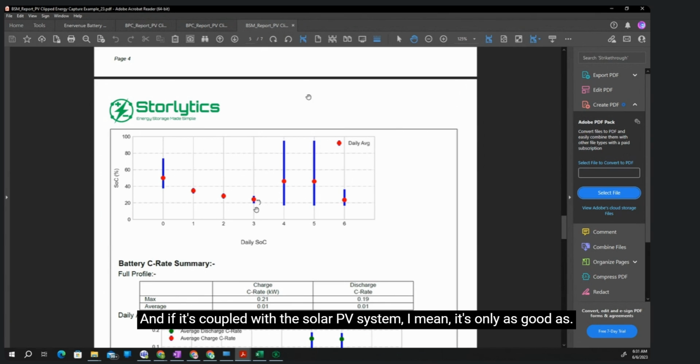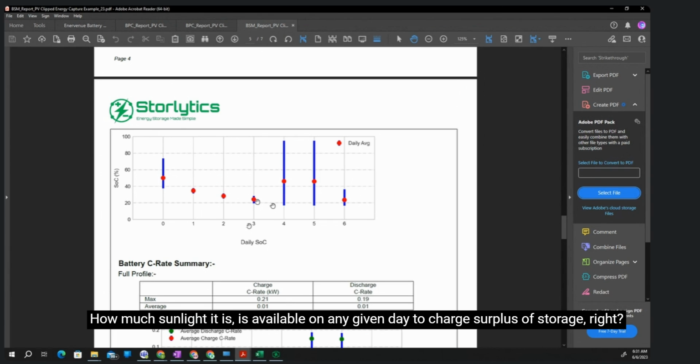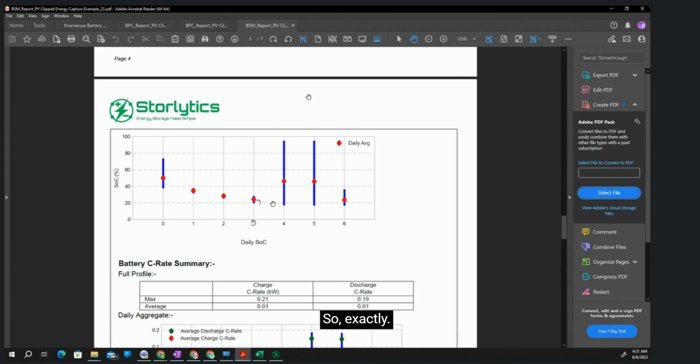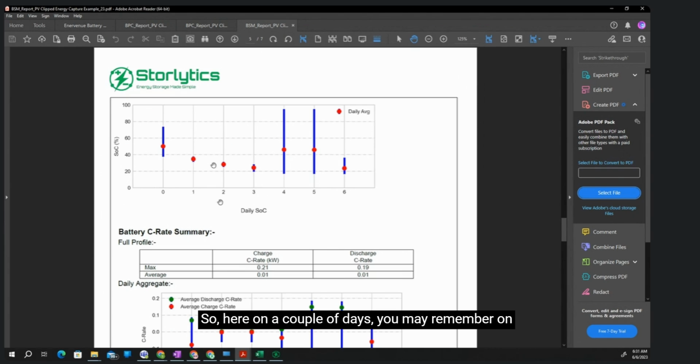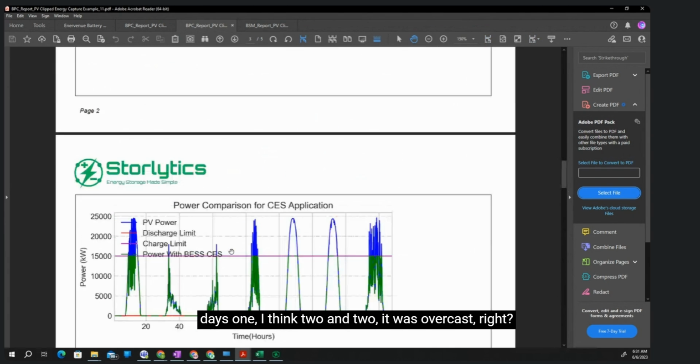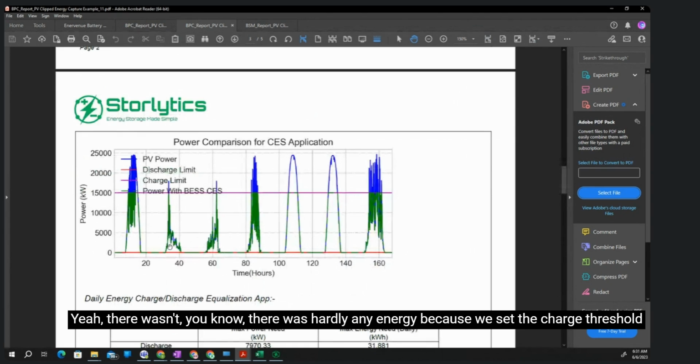And if it's coupled with a solar PV system, it's only as good as how much sunlight is available on any given day to charge from surplus generation. Here, on days one and two, it was overcast. There was hardly any energy, because we set the charge threshold at 15 megawatt hours, and it barely passed that.